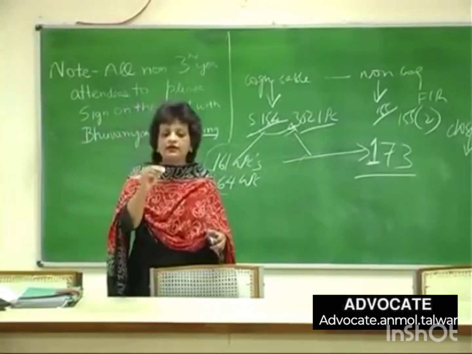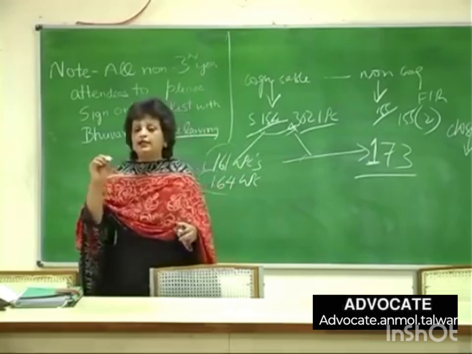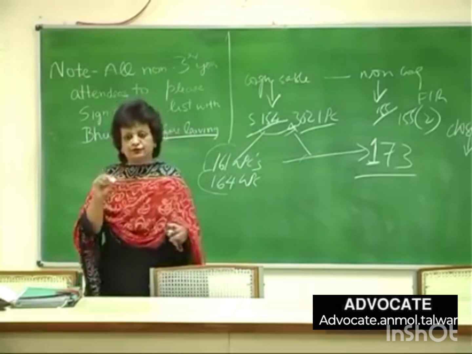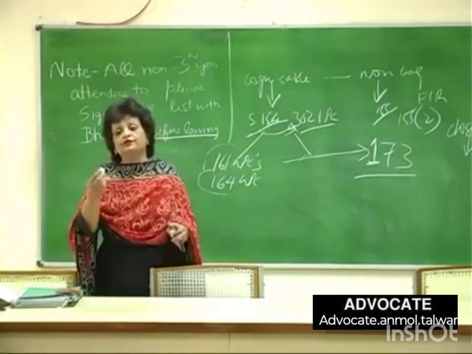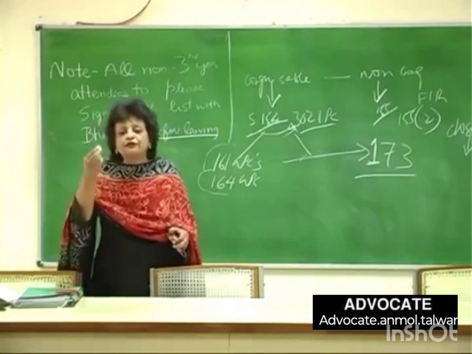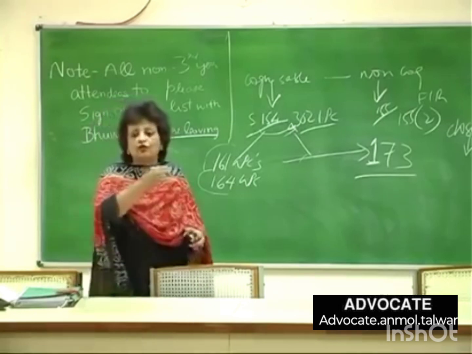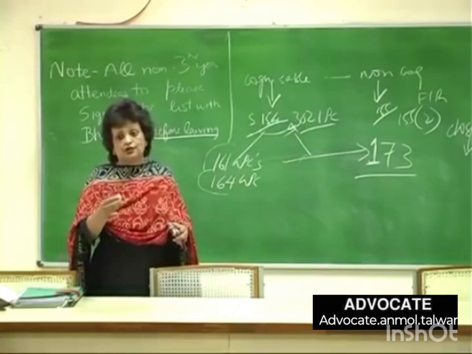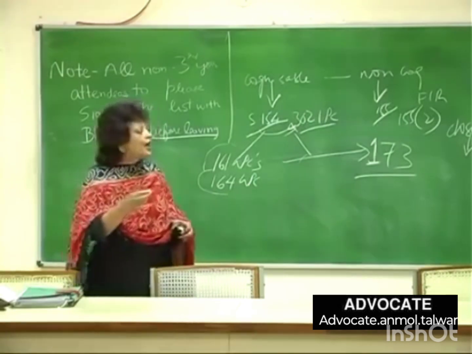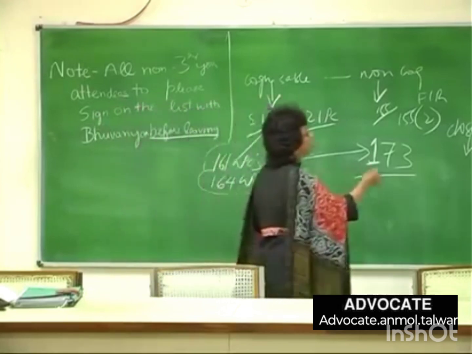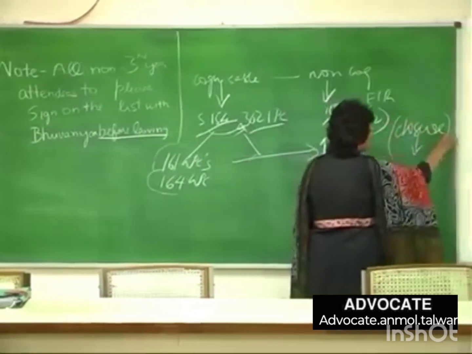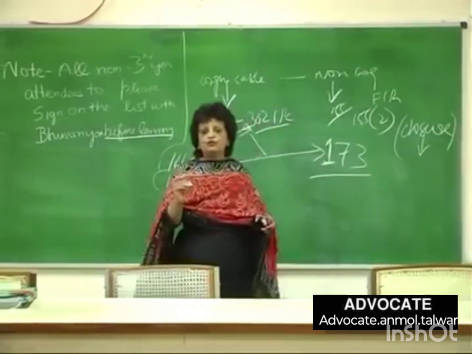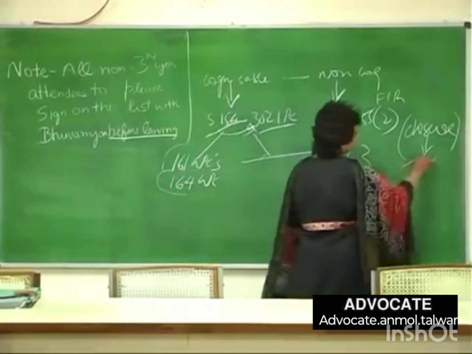So if the investigating officer is of the opinion that the persons before him, whom he has investigated, are not responsible for the crime, or that he has not got sufficient evidence to take this further, or that he's looked the whole wide world and hasn't found anybody else who he could say has committed this crime, he generally files what is known as a closure report. When a closure report is filed, the magistrate before whom it is filed has three options.